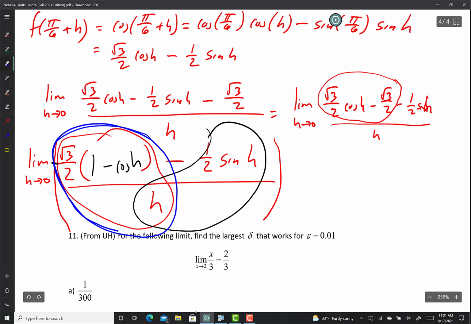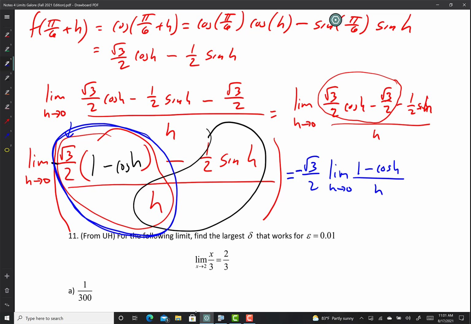Don't worry, I'm going to go back to it so you can see. Let me write the limit outside. Square root of 3 over 2 is a constant, so I'm going to take it out like that. The limit as h approaches 0 of 1 minus cosine h over h.